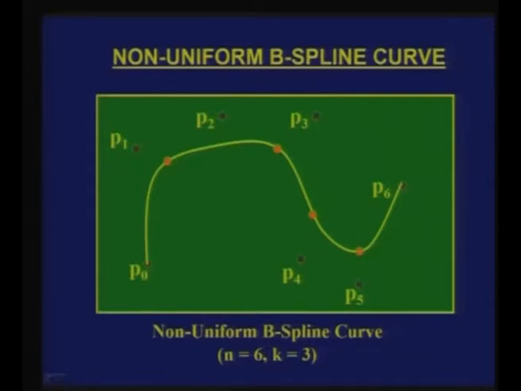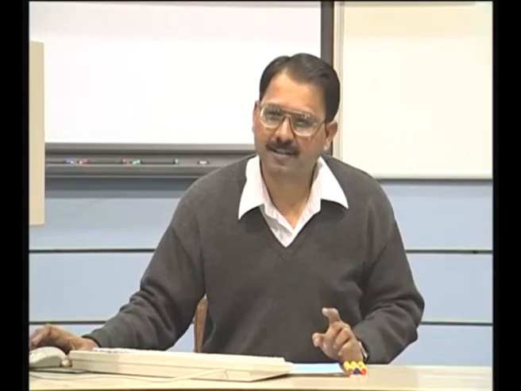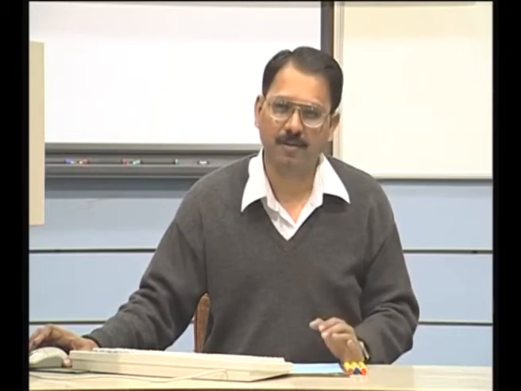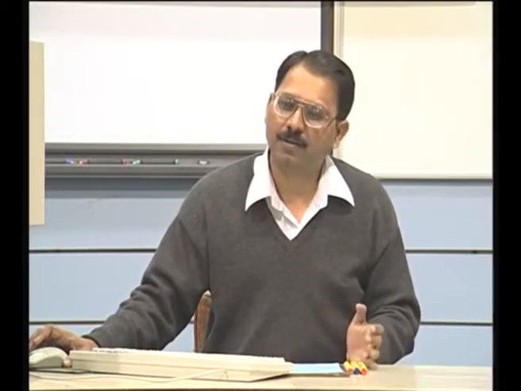P4 also has influence on 3 segments, whereas P5 has influence on only 2 segments and P6 influences only 1 segment. Since the influence of different control points is not uniform, you call it a non-uniform B-spline curve.